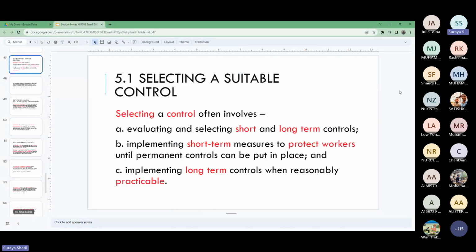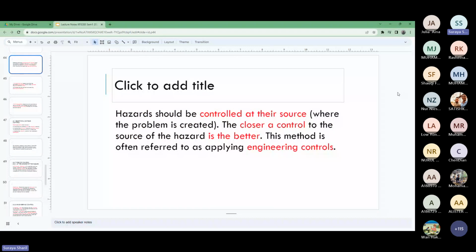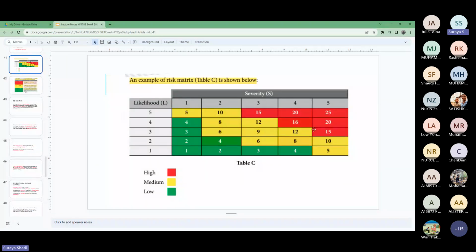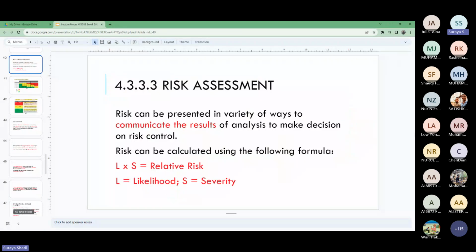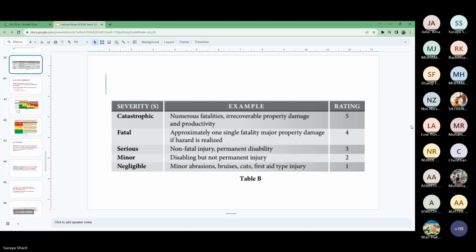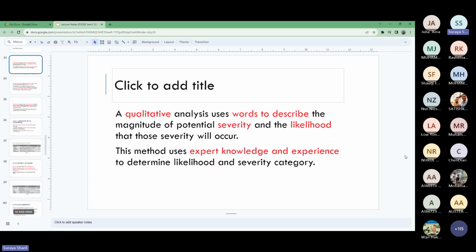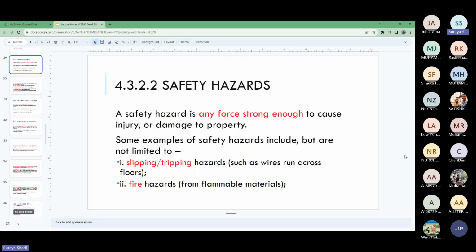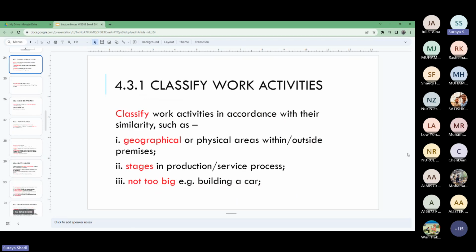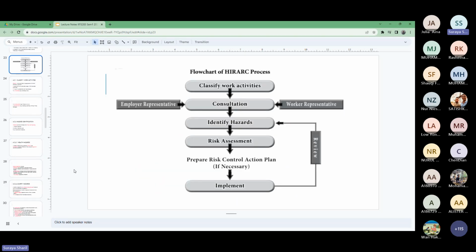So you can Google it and get the full document by the Department of, I think DOSH, Department of Occupational Safety and Health, something like that. It is a public document that can be downloaded from the internet.